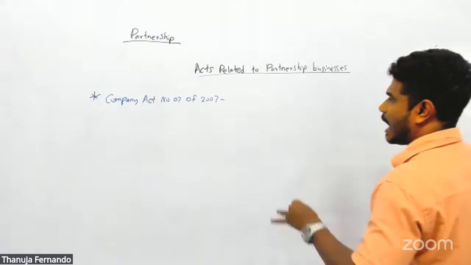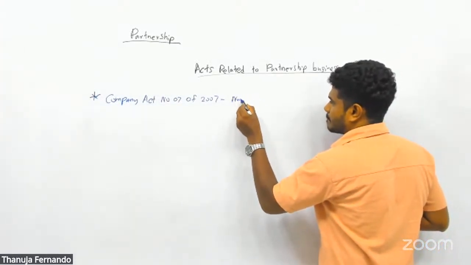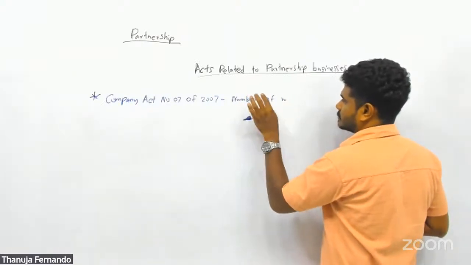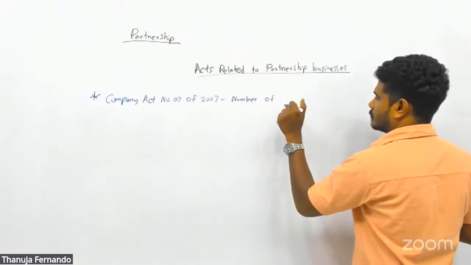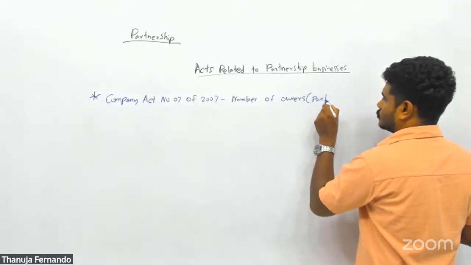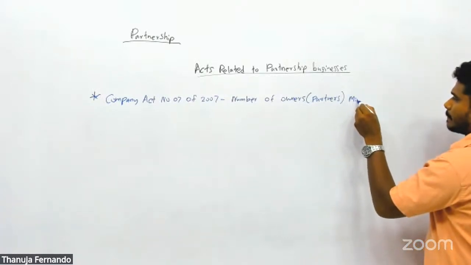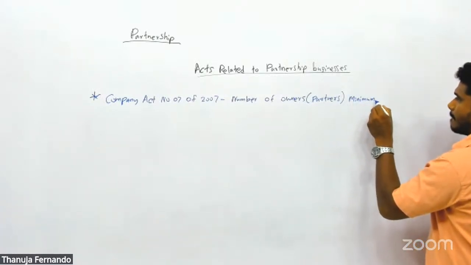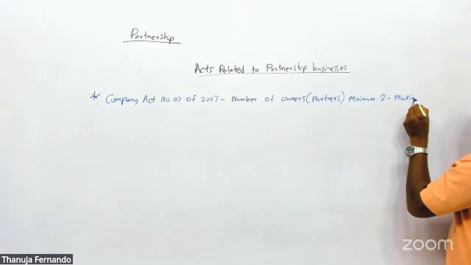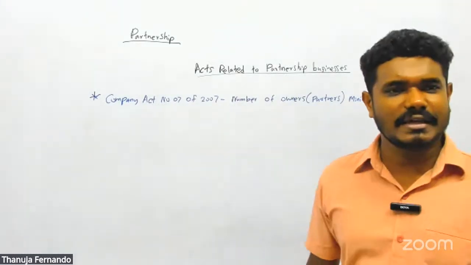In this act, they have mentioned that the number of members, number of owners, we can say partners also, minimum 2 to maximum 20. මෙන්න මේක තමයි තියෙන්නේ මේ act එකේ.